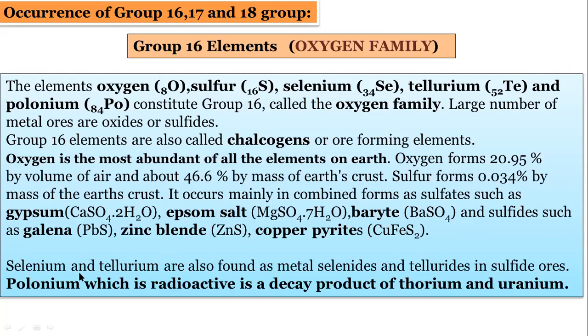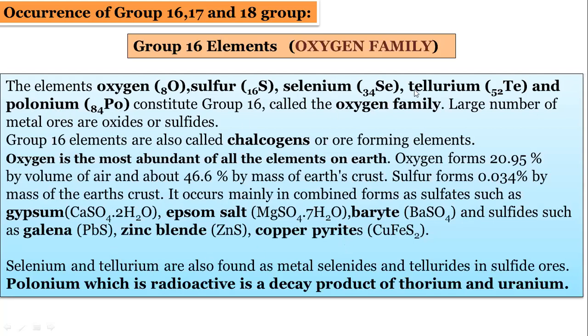Then selenium and tellurium, these are the last elements of this group, selenium, tellurium, and polonium. This polonium is a radioactive element, remember. It emits alpha, beta, and gamma radiations.